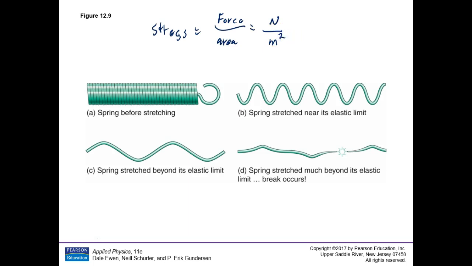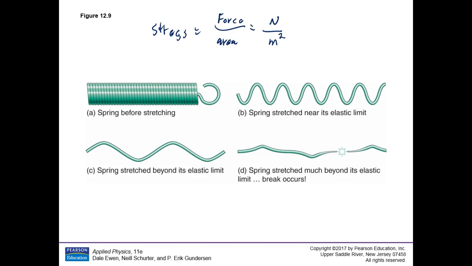Now that is a really bizarre SI unit, okay? Because a Newton is considerably less than a pound. A square meter is approximately, if you'll take a look here, the area of this door from the handle to the floor and about the width.